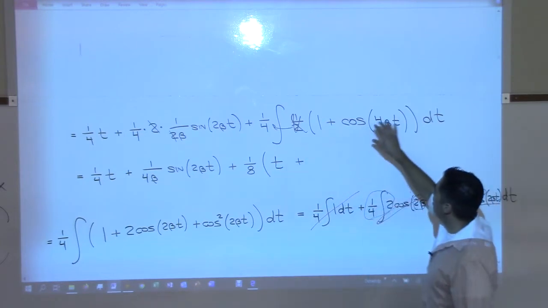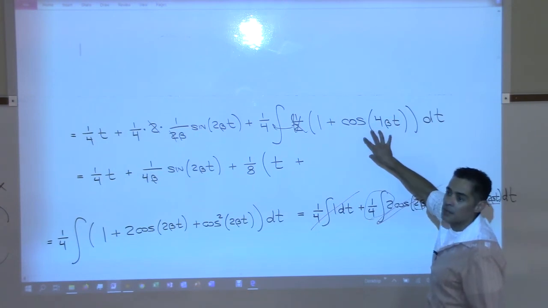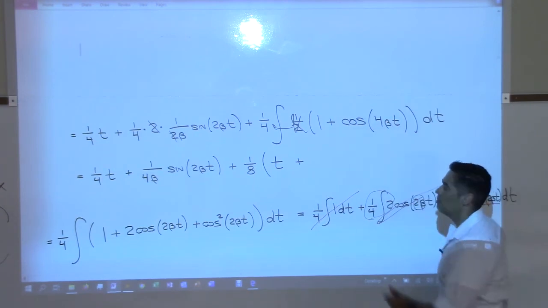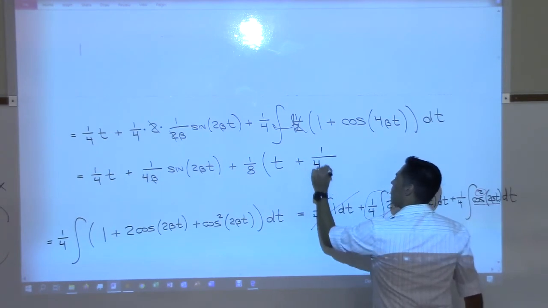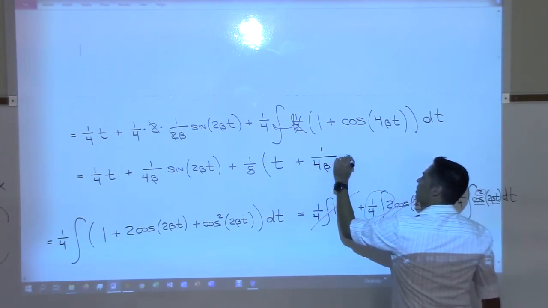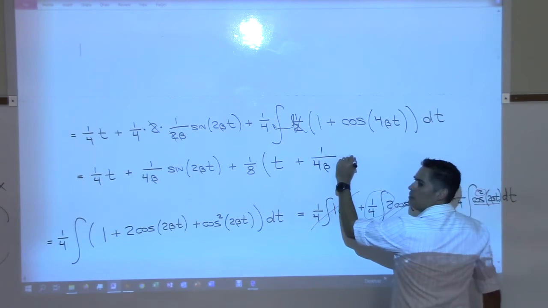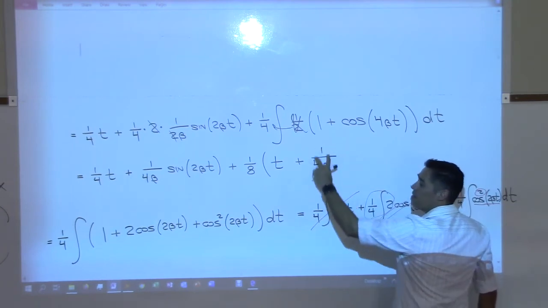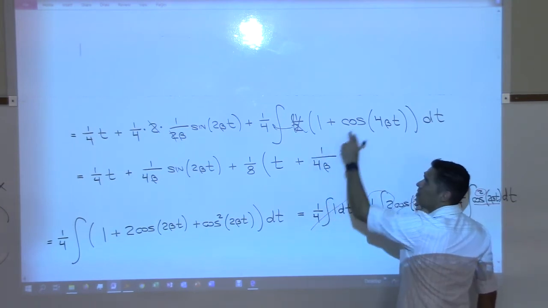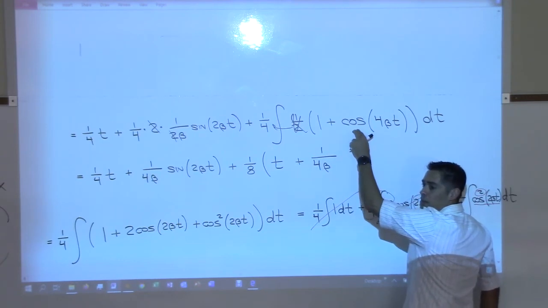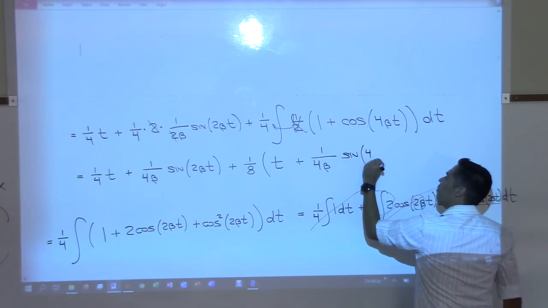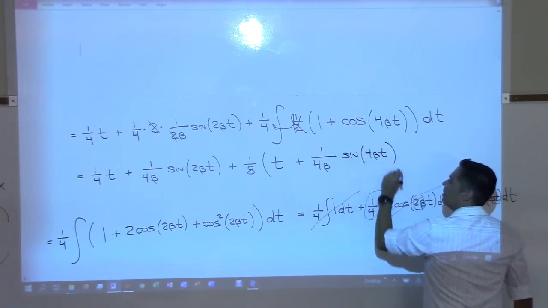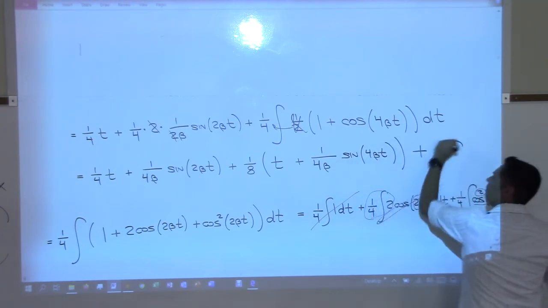So Kim, what would the antiderivative of this be then? 4 beta. And then, so that takes care of the scaling of the constant, but now you just need, what's the antiderivative of cosine? Sine. So sine of 4 beta t, like that. Plus c.